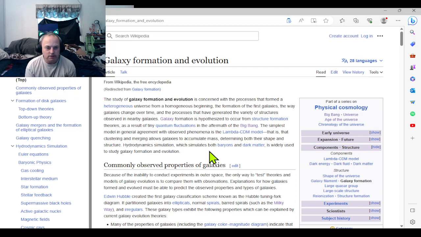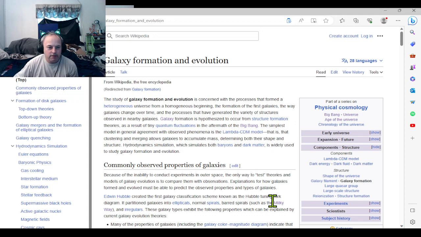Nearby galaxies hypothesized from structure formation theories of quantum fluctuations as a result of tiny quantum fluctuations in the aftermath of the Big Bang, or what they call the Big Bang. The simplest model is the CDM model. Its clustering allows galaxies to accumulate mass, determining both their shape and structure.